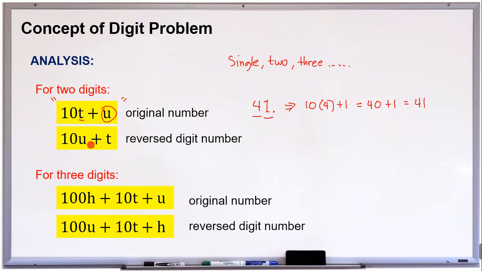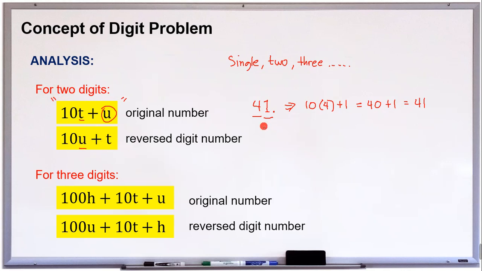So our ones digit will be the tens digit, and our tens digit will now be the ones digit. That is why instead of T here, we use U. So we have 10U plus T.